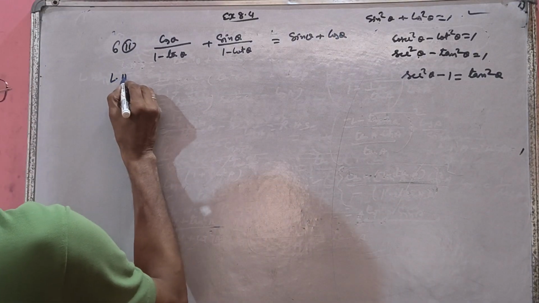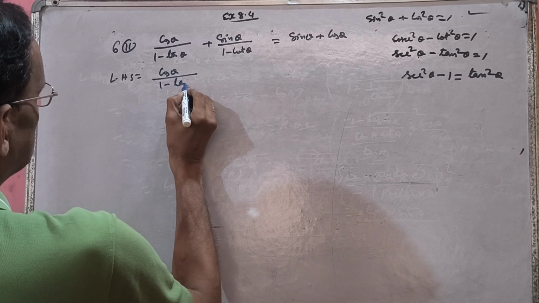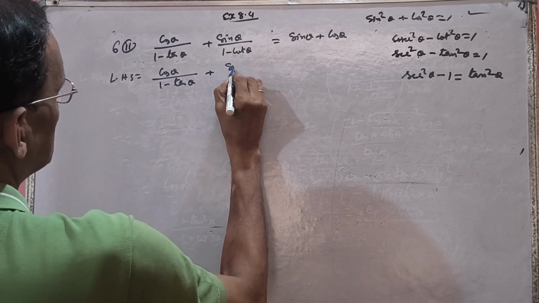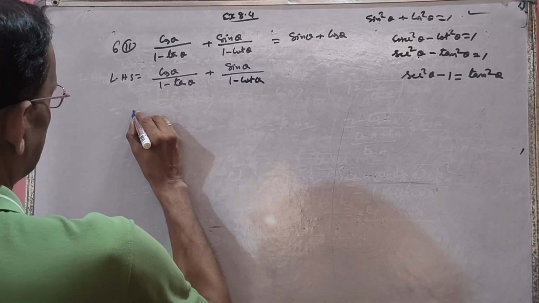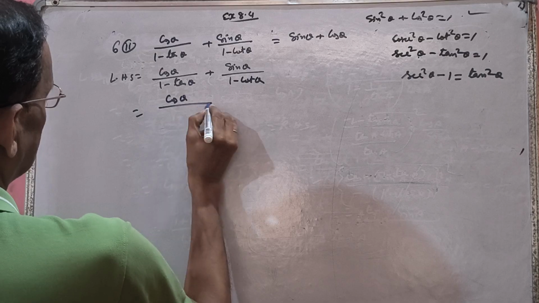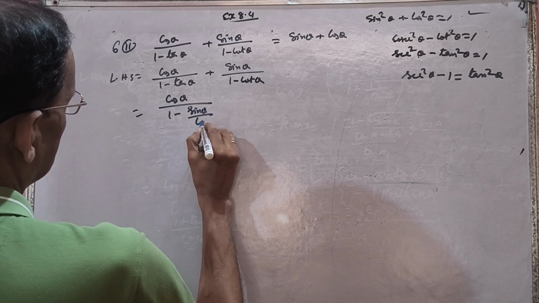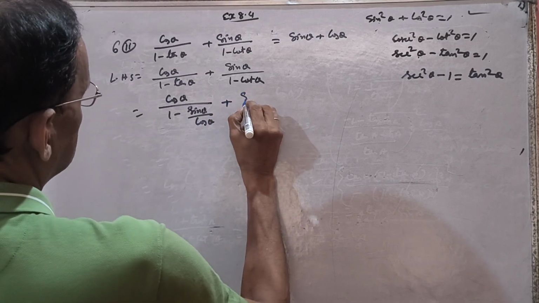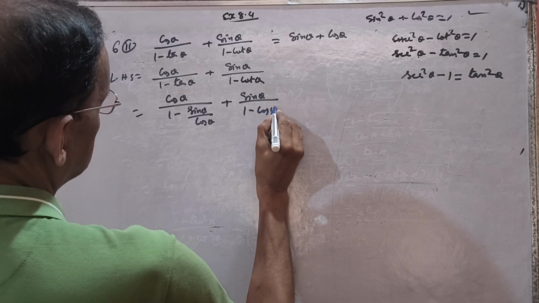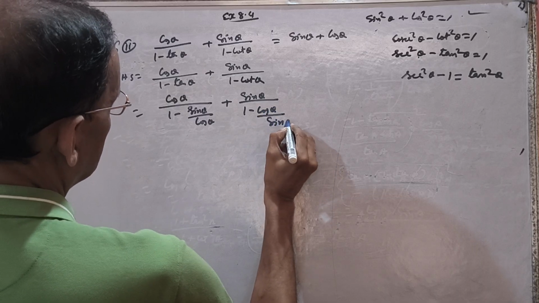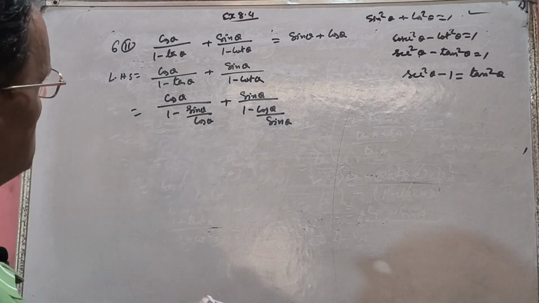Take the left hand side: cos theta by 1 minus tan theta plus sin theta by 1 minus cot theta. Then in cos theta by 1 minus tan theta, we can write tan theta as sin theta by cos theta, and cot theta we can write as cos theta by sin theta. Tan is sin by cos, cot is cos by sin, this much only.